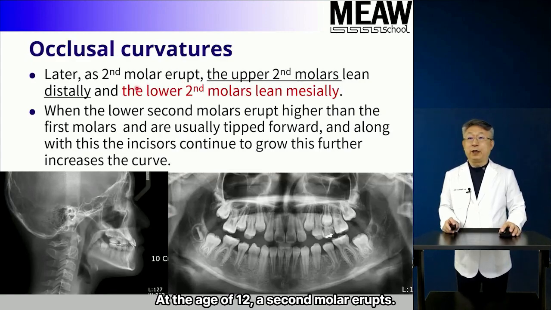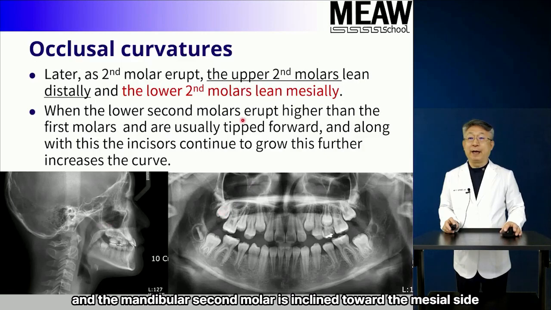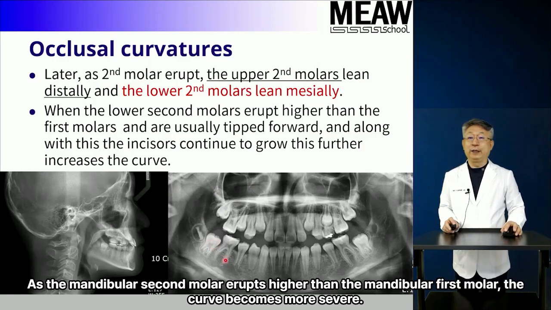At the age of 12, a second molar erupts. At this time, the maxillary second molar is directed distal, and the mandibular second molar is inclined toward the mesial side. As the mandibular second molar erupts higher than the mandibular first molar, the curve becomes more severe.